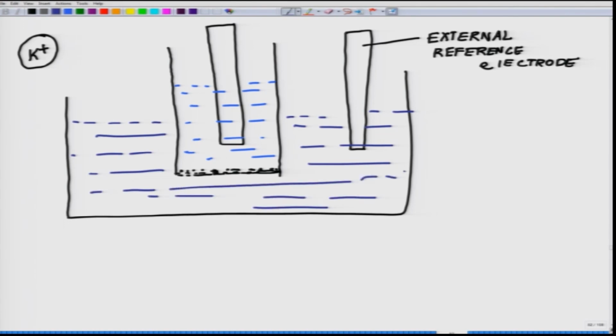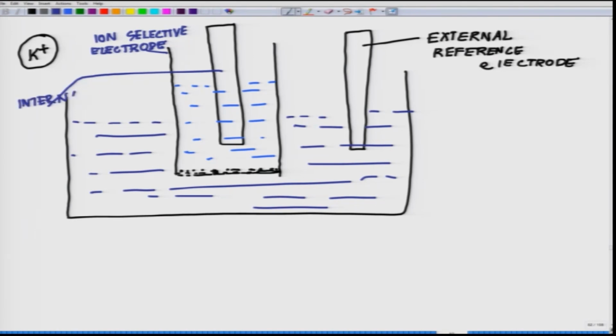Okay. Now that is the external reference electrode. This is the ion selective electrode. You have the internal reference which is out here.